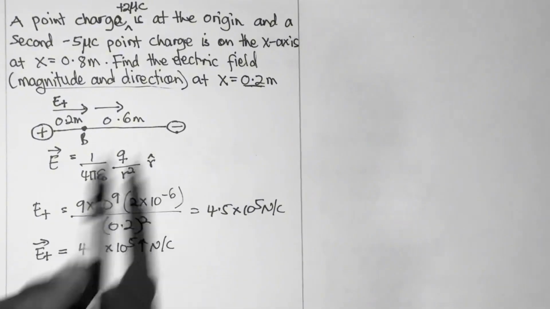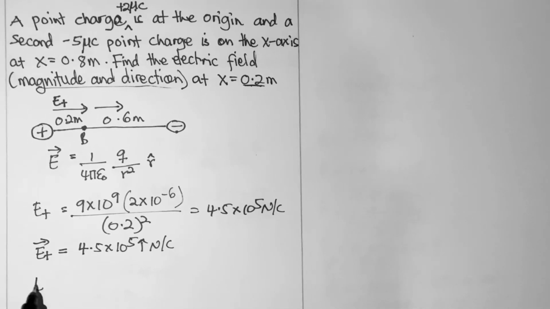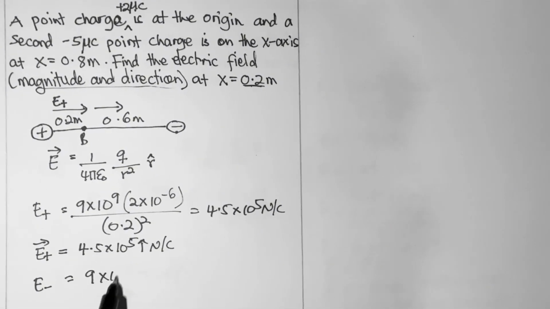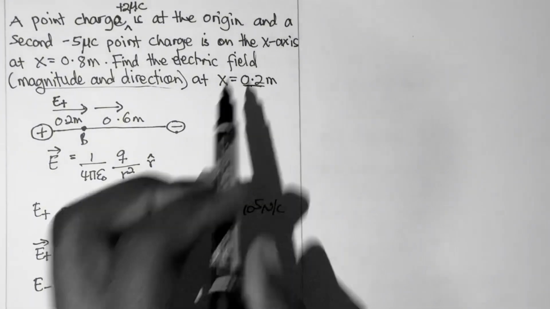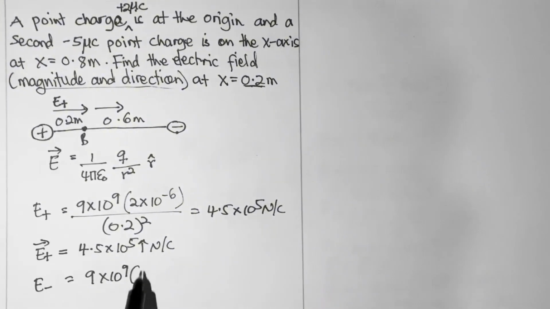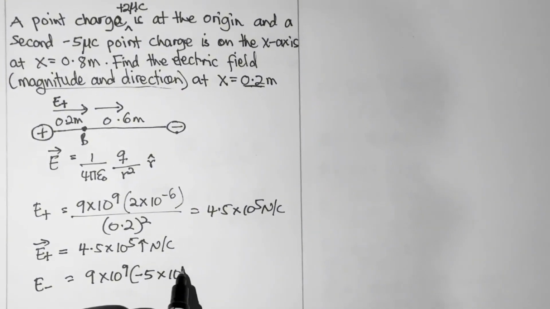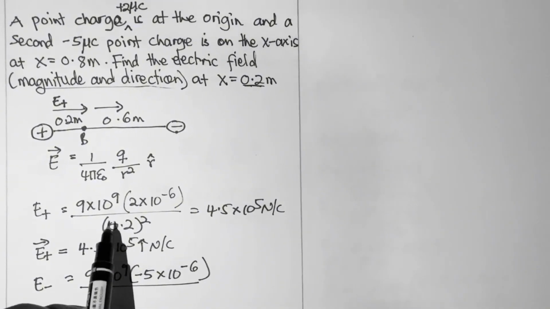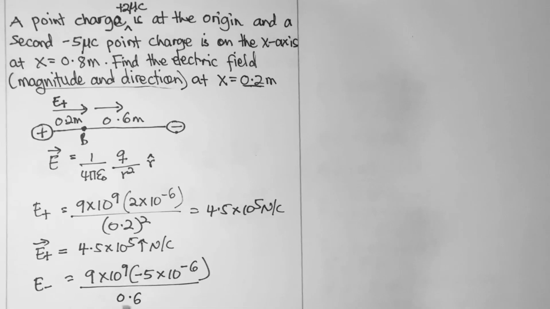Now let's come to this negative charge. It's the same thing. E minus is equal to 9 times 10 exponent 9. But with reference to the negative charge, the charge it carries is minus 5 microcoulombs. So minus 5 times 10 exponent minus 6 divided by the square of the radius, which in this case is 0.6 squared.